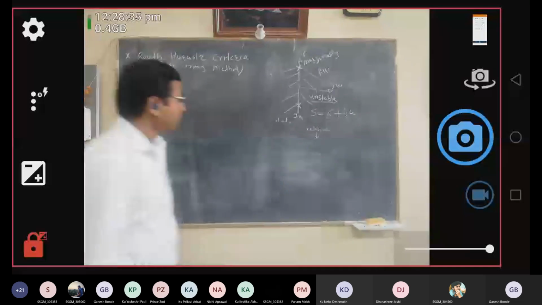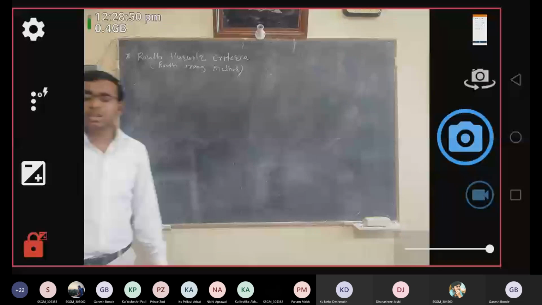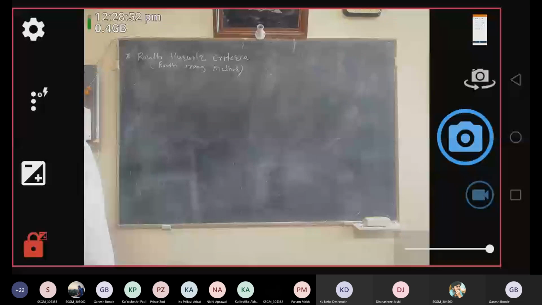The first step is that we have to prepare the Routh array, and in the second step we simply interpret the stability from the Routh array. These are the only two steps involved in the Routh array method.